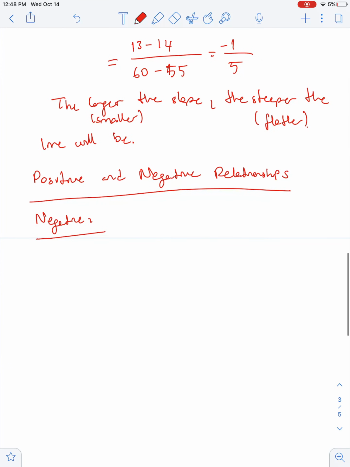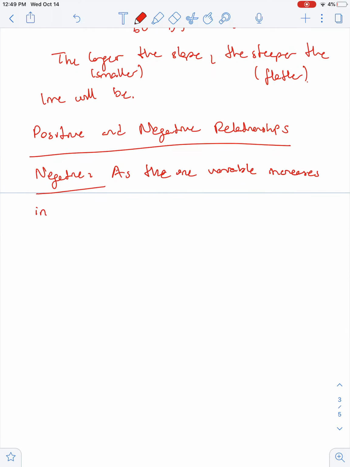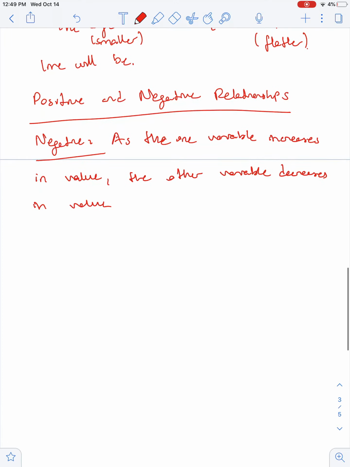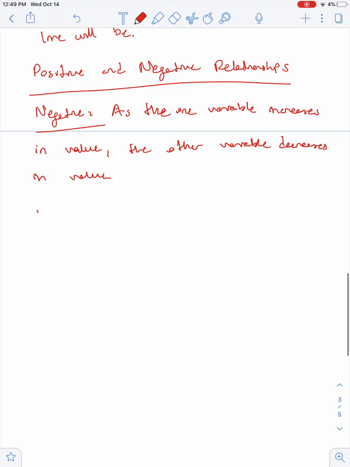As one variable increases in value, the other variable decreases in value. This is what we showed in the earlier graph.